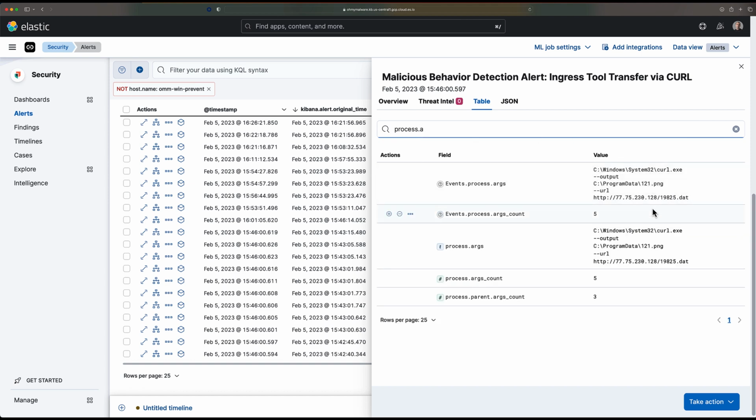Okay, so it looks like curl was used to download what's labeled as 121.png from this specific URL, 77.75.230.128. There's an IOC for you right there, and the file path is 1825.dat, and it looks like it created that file.